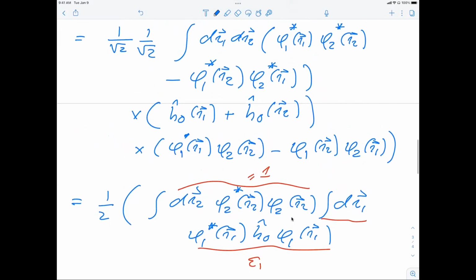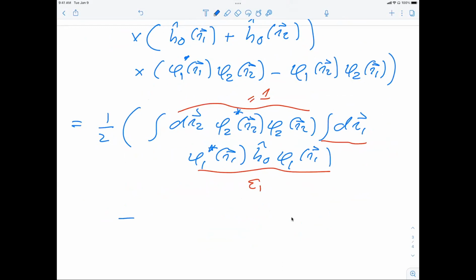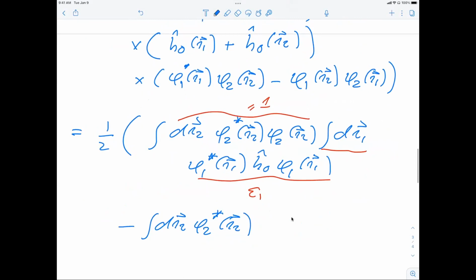So let's now take this term here, and then we still multiply with this term, but now we multiply with this one. So let's look at what we get here. We get a minus, obviously, and then we have an integral over dr2, and we still have this phi 2 of R2 here, but now I have this quantity which I have to plug in, phi 1 of R2 here.